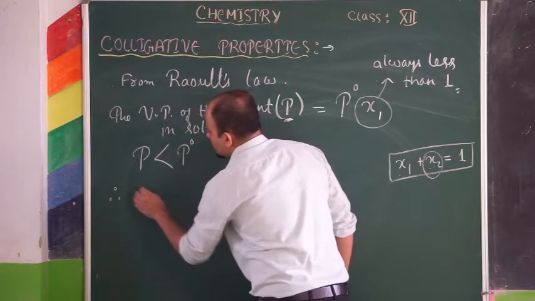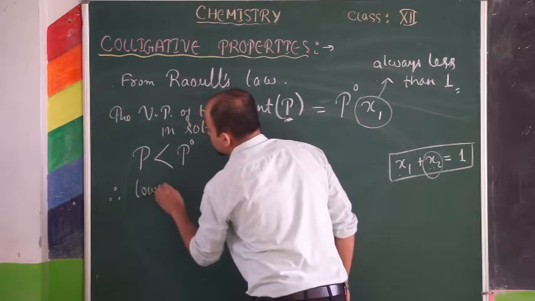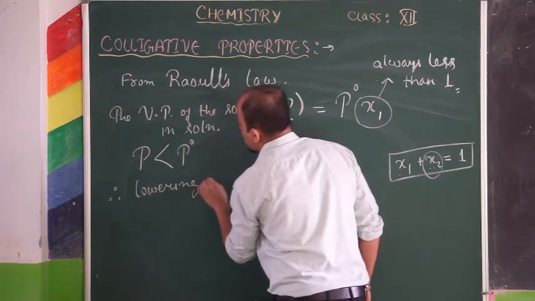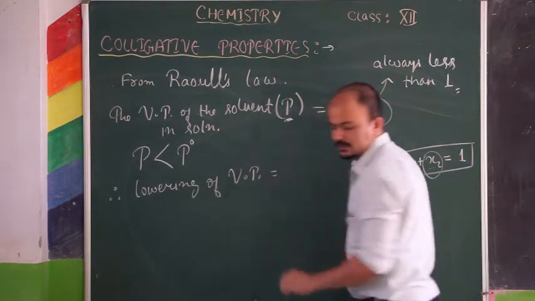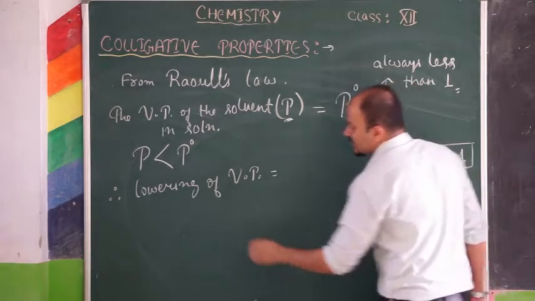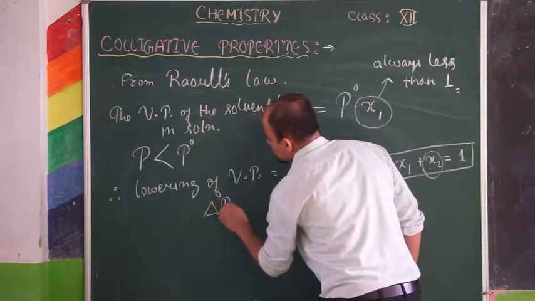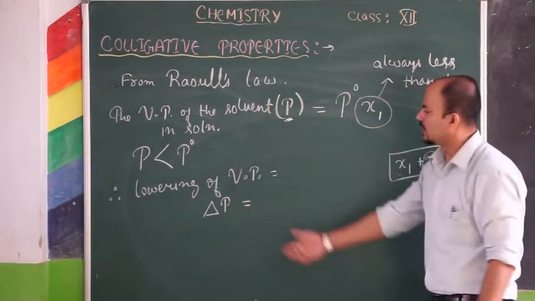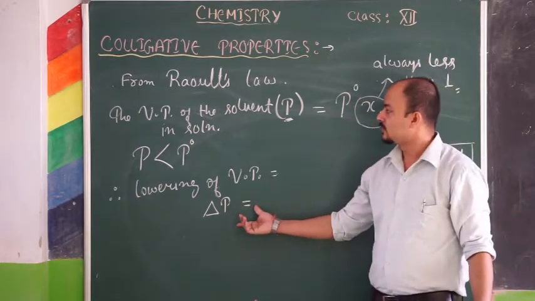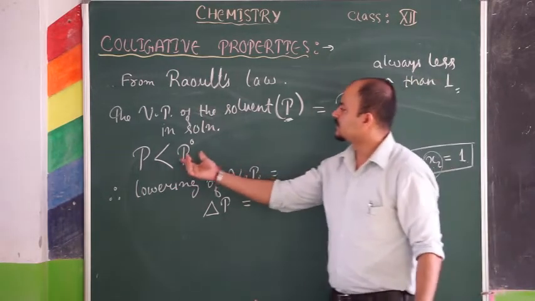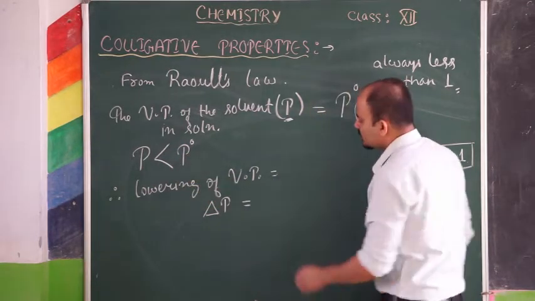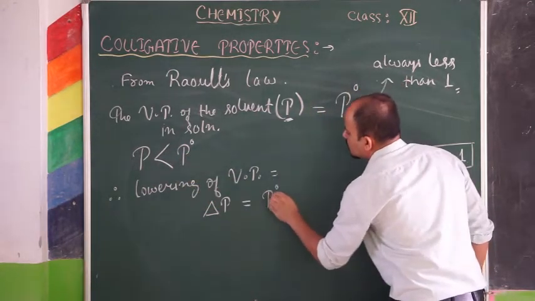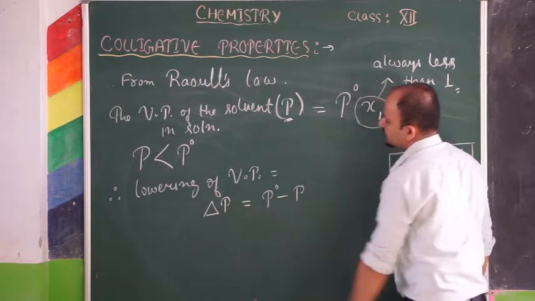Now, lowering of vapor pressure will be equal to what? Will be equal to, say, delta P. Now this delta P, how much of it is lower? How do we know it? We have to subtract this P from P naught. Okay? So P naught minus P.